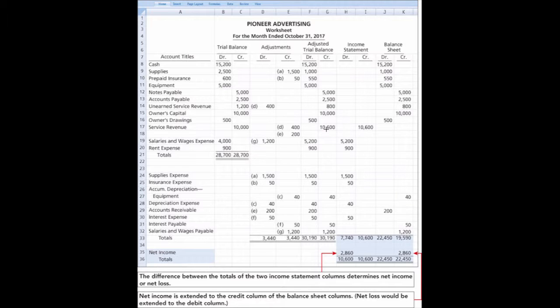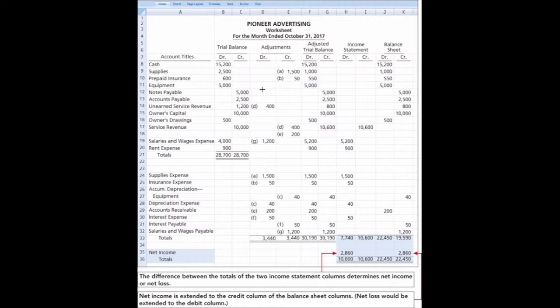So to explain to you again, you get the adjusted balance by either adding or subtracting the trial balance and the adjustments. And you subtract when you have a debit on the trial balance and a credit on the adjustment, or vice versa, a credit on the trial balance and a debit on the adjustment.